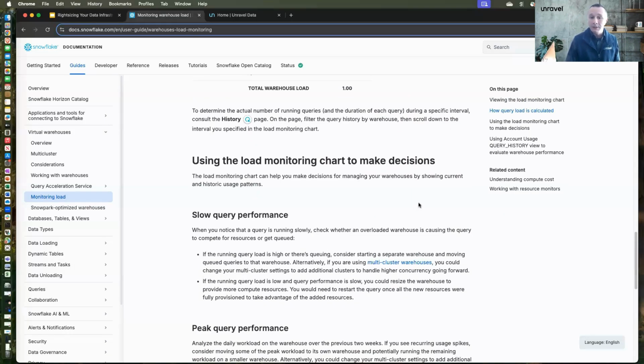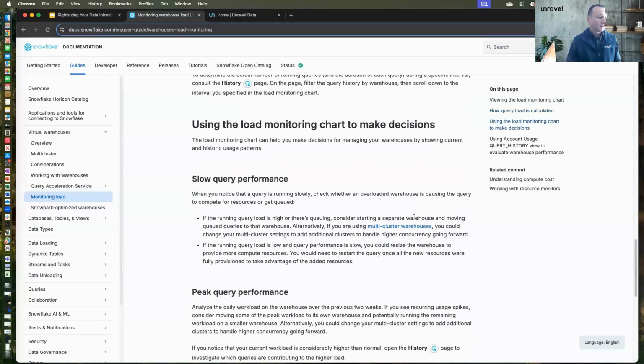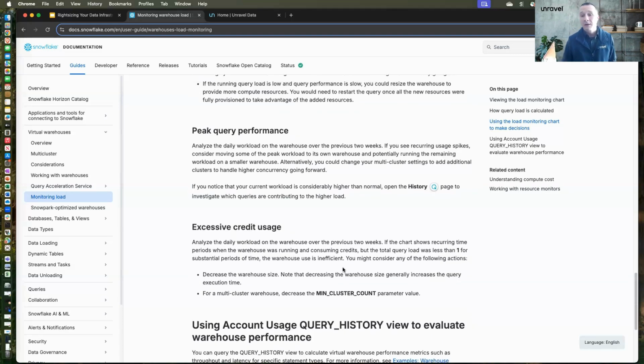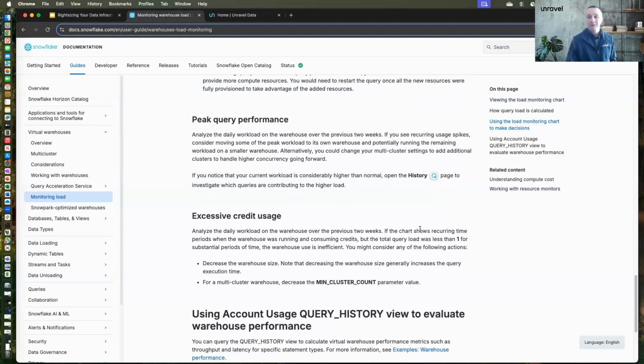Maybe its load is low in some cases, or maybe it's high in others. But we have to evaluate these patterns. We have to understand what we're observing and take into consideration maybe the peaks and the valleys of that data, right? The seasonality of that data. Okay, then we have to extrapolate out the costs of things, right?